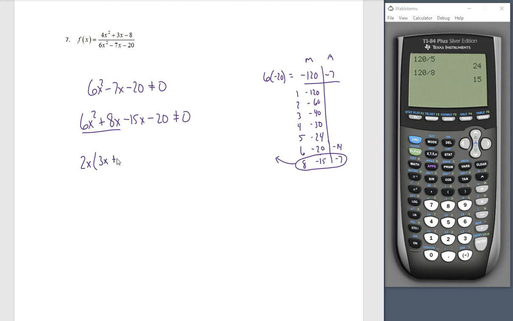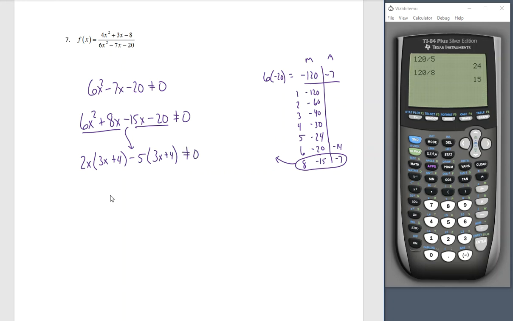I'm left with 3x plus 4. I'll use this negative sign in the middle. 15x and 20 have a 5 in common. But remember, I'm dividing by negative 5 here. So negative 15x divided by a negative 5 is 3x. Negative 20 divided by a negative 5 is plus 4.